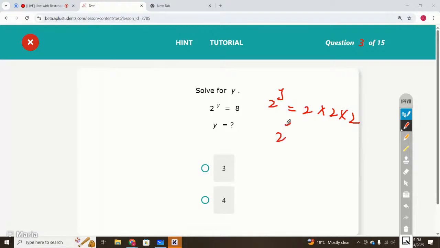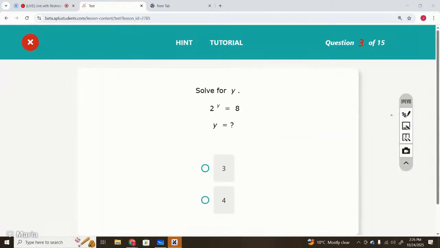So 2 exponent y equals 2 exponent 3. Bases are equal. Exponents are also equal, that is y equals 3. Option number 1 is the correct option.